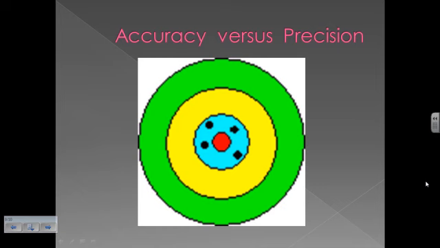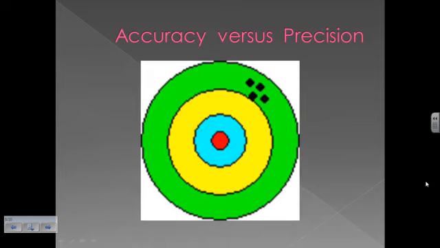Accuracy is defined as how close a measurement is to the accepted value. Precision is defined as how close together or how repeatable the results are. Since none of these are at the bullseye or are close together, they're neither accurate nor precise.